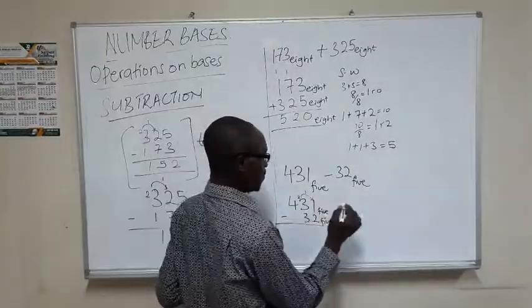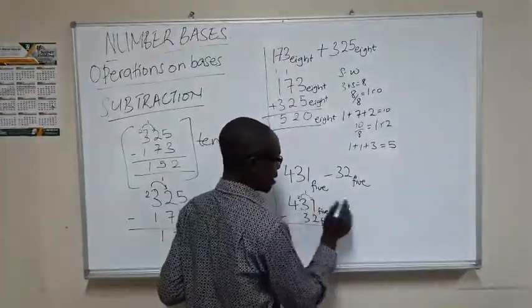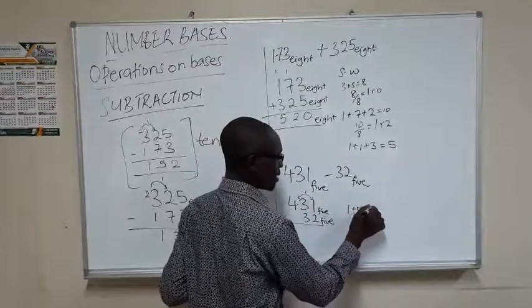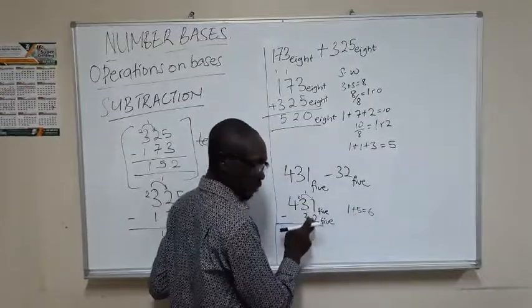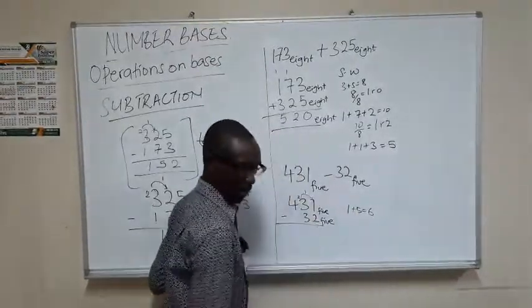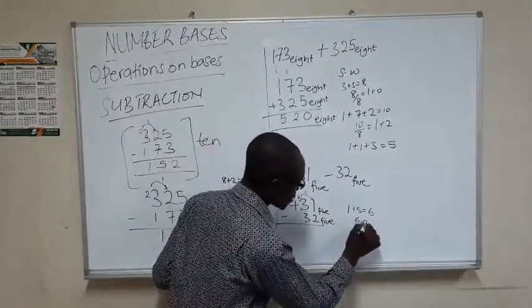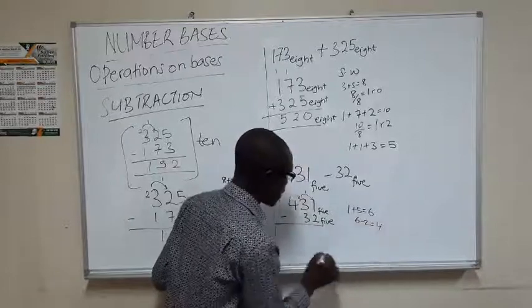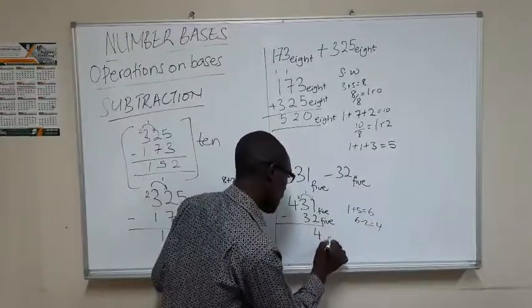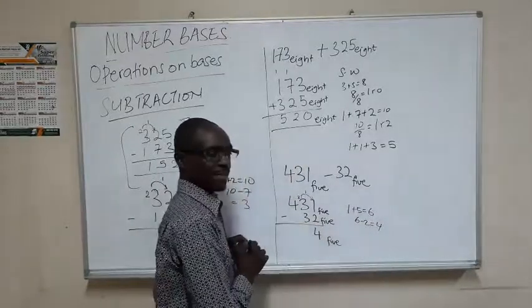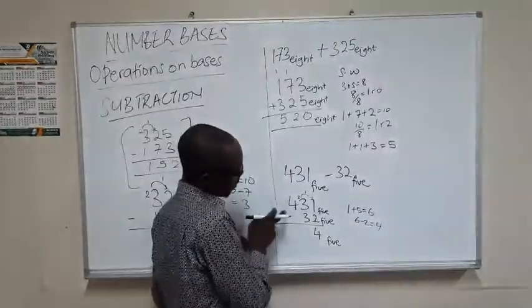It will be 1, which is here, plus 5. I get 6. Now 6 minus 2, I get 4. I record the 4 here. That is base 5.